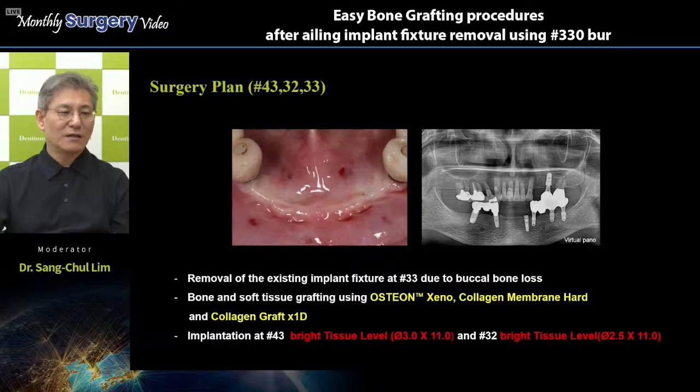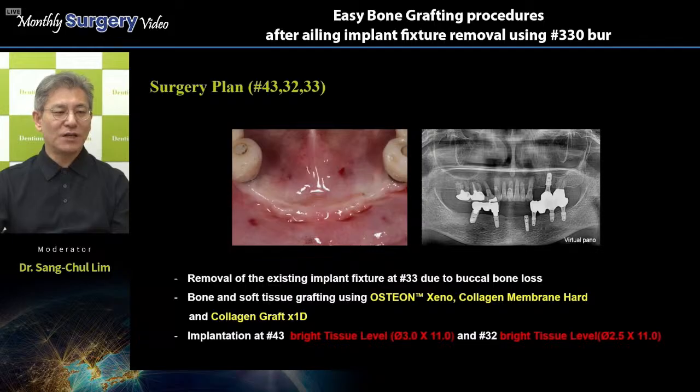The surgery plan is as follows. Removal of the existing implant fixture at number 33 due to buccal bone loss. Bone and soft tissue grafting using OSTEON Xeno as the bone graft, a hard-type collagen membrane as the barrier membrane, and also a collagen graft 1D for the open healing procedure.